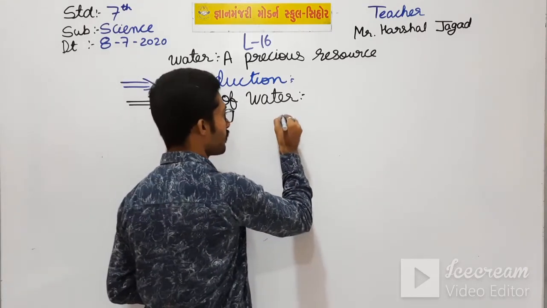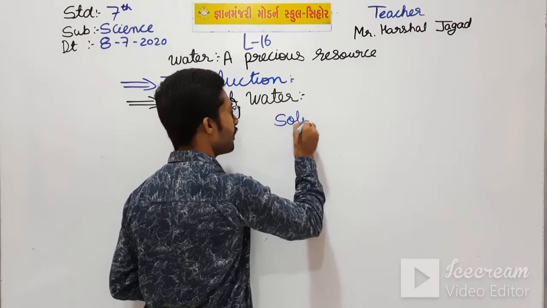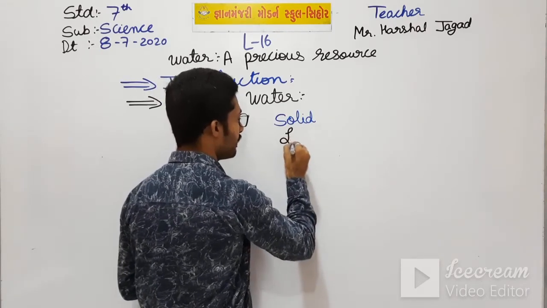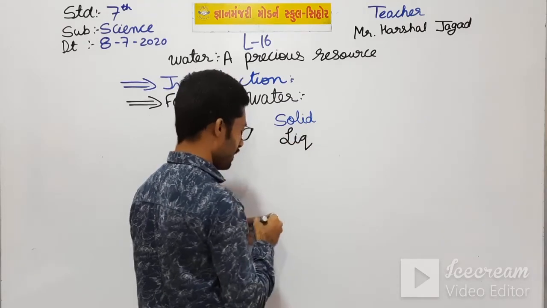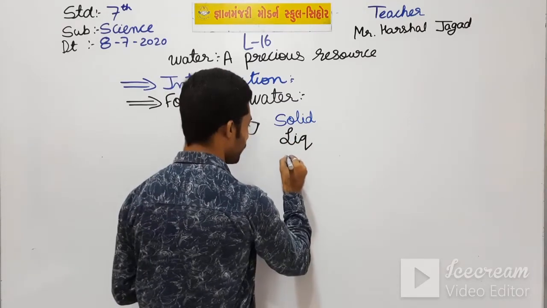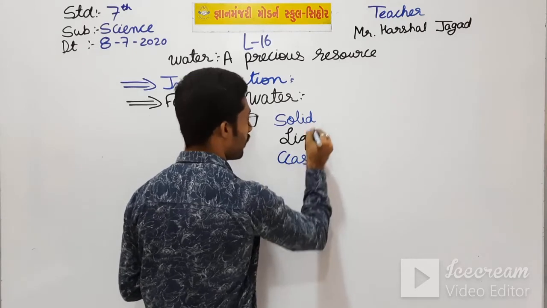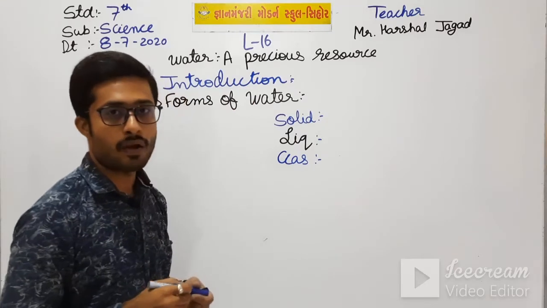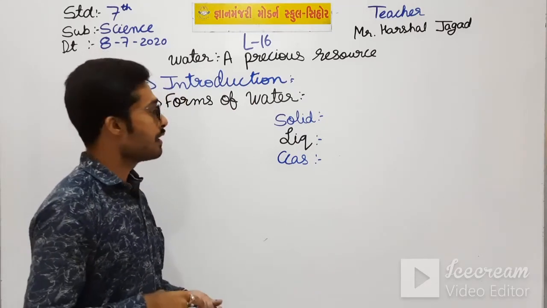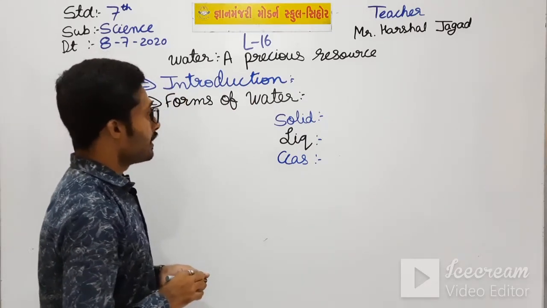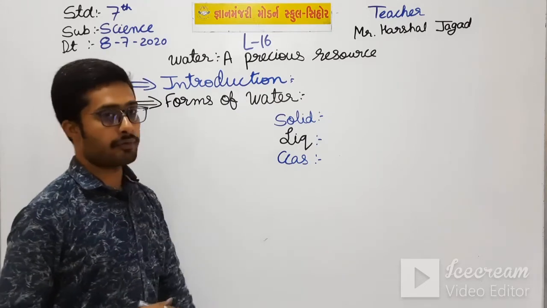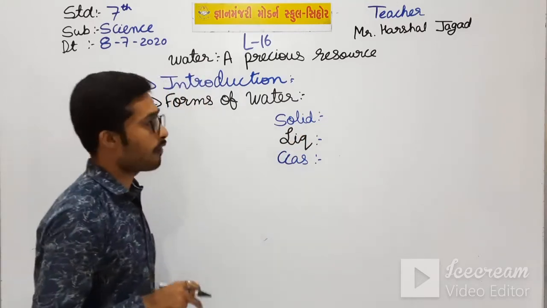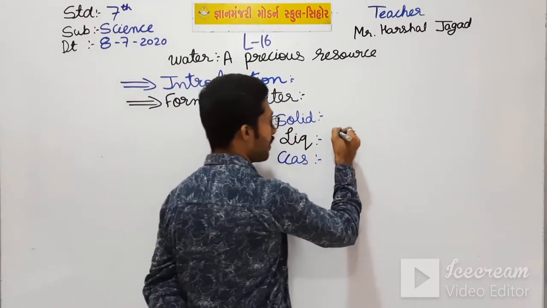First, solid, liquid, and gas. So, these are the three forms or three states. So, in the forms of water, we have seen that the liquid form of water is known as water only.